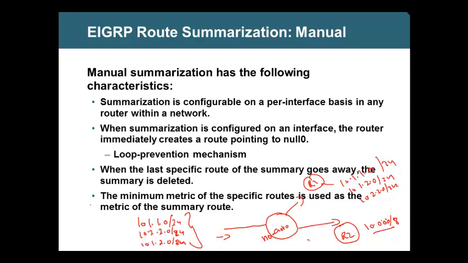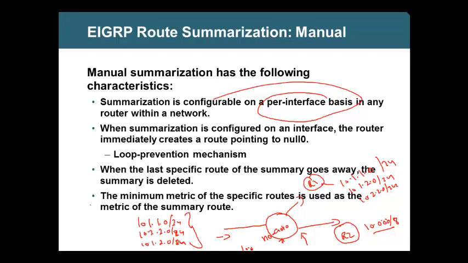So what I can do is go to this interface. It's manual summarization, interface-based summarization. I can go to this interface and say for EIGRP autonomous system 100, summarize 10.0.0.0/8.